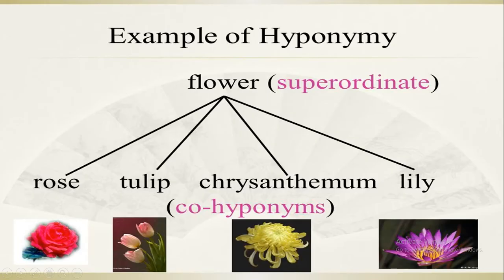Another example is the word flower, which is the superordinate term, and the types of flowers included here, for example, rose, tulip, lily, and any other type of flowers, these are called hyponyms, and the relation between these hyponyms is known as co-hyponymy.